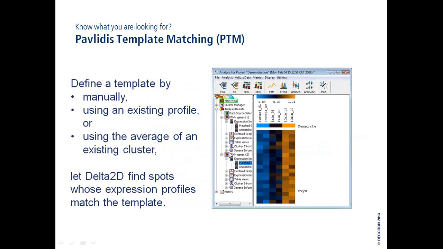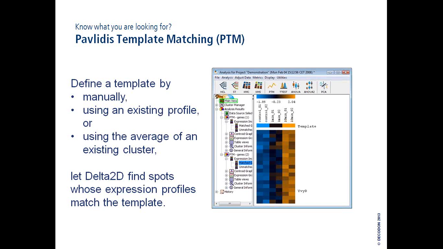And finally, I would like to show you how you can find expression profiles that look similar to a certain template. This is done with Pavlidis template matching, and you can define a template by just creating one manually, since you have a certain idea how an interesting expression profile should look like. Or use an existing profile.